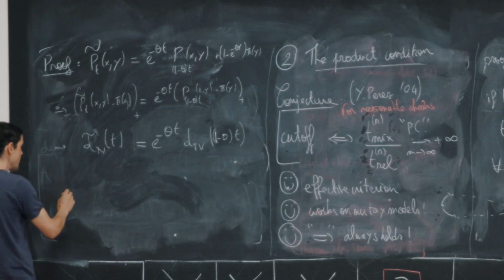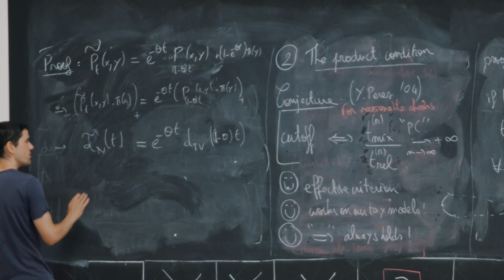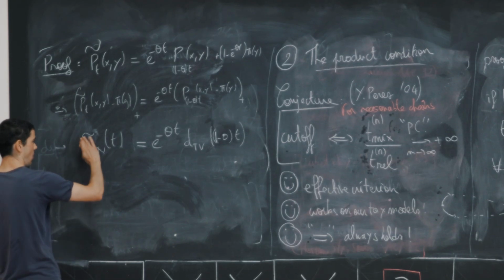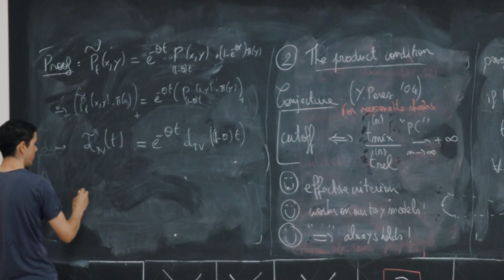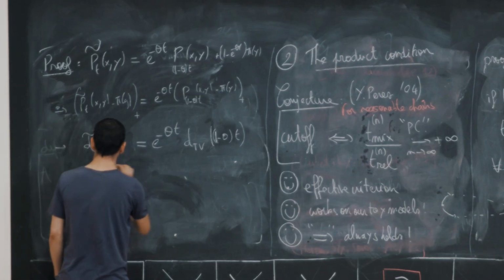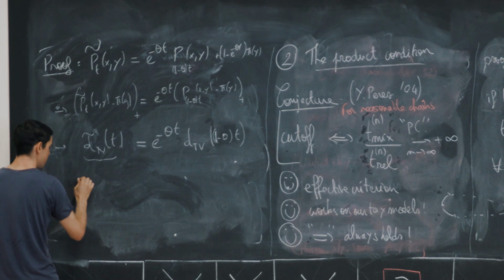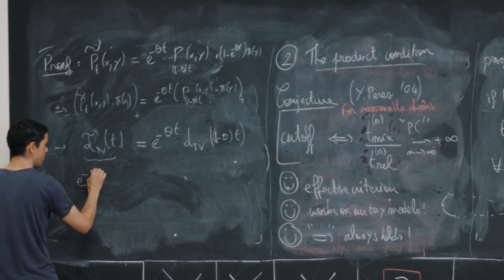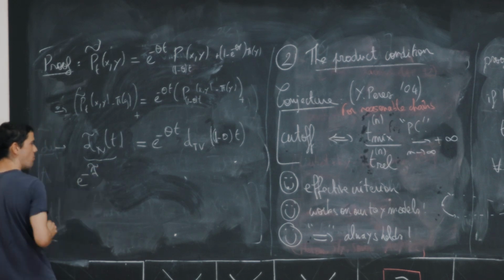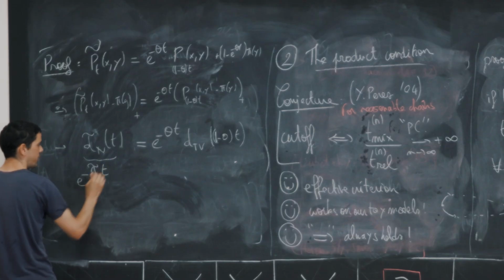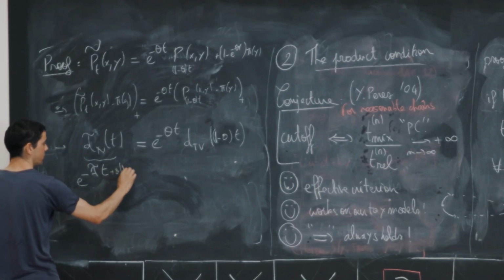Okay, so from this you immediately deduce also, remember that the spectral gap is all about how this behaves as t tends to infinity. So you know that by definition, this as t tends to infinity is just exponential of minus the spectral gap of your modified chain times t plus little o of t.